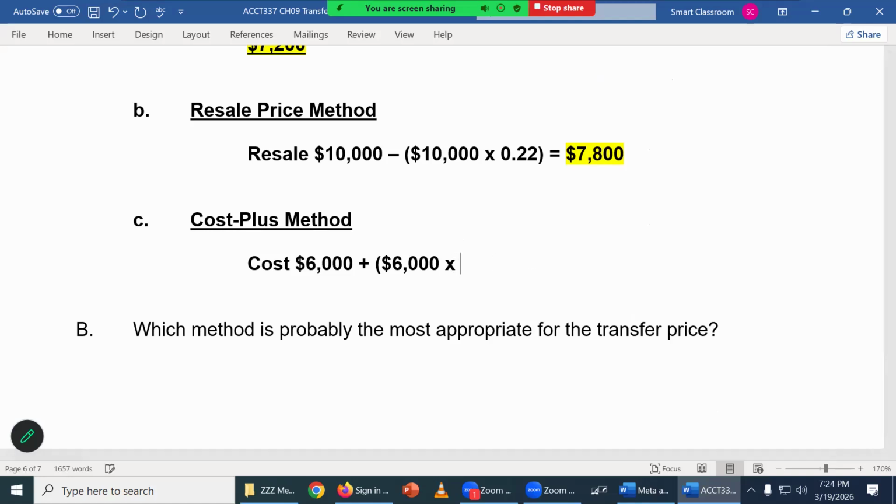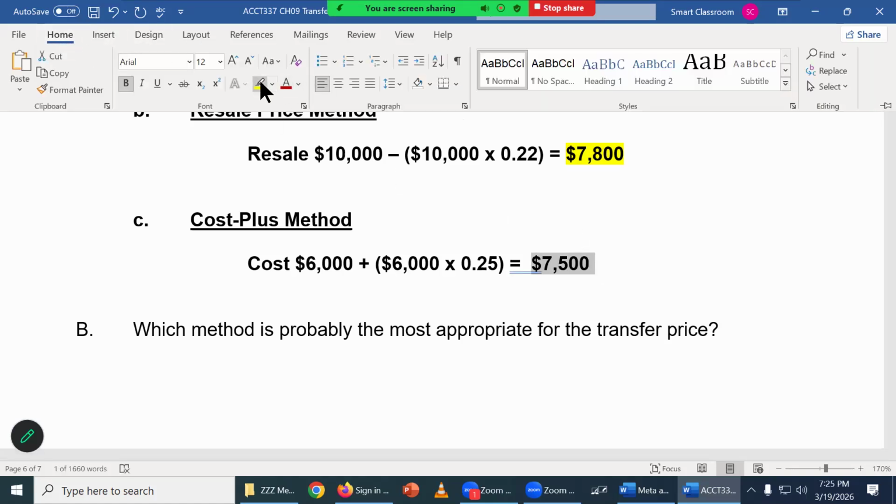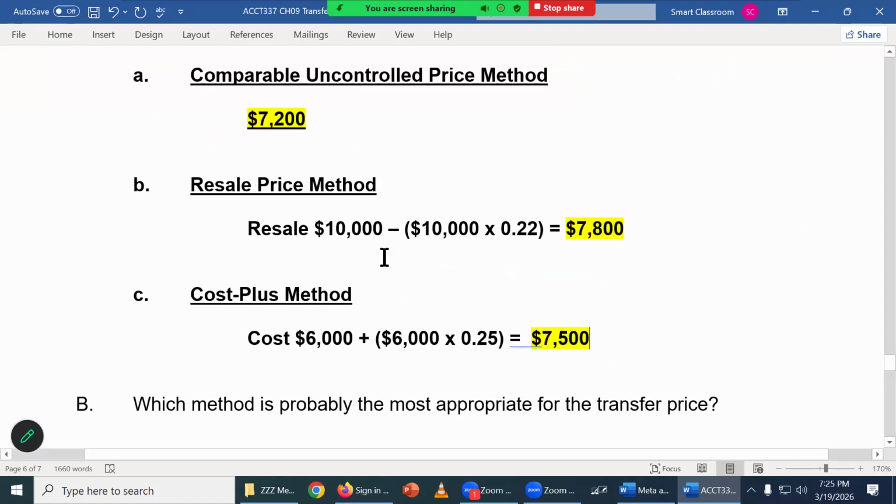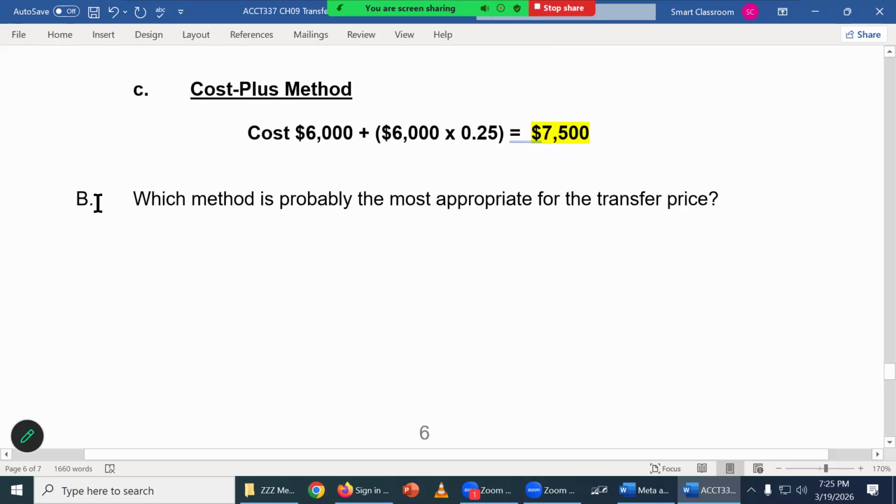Their standard usual markup is 25%. So the cost plus would be 7,500, which would be probably the most appropriate transfer price.